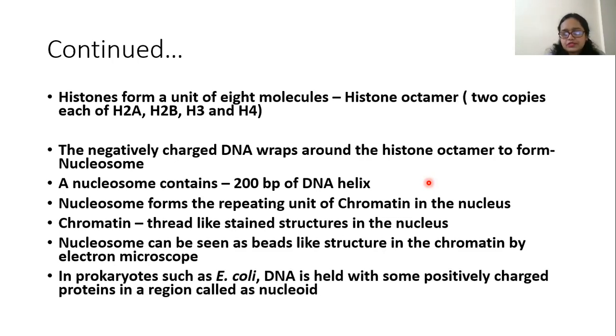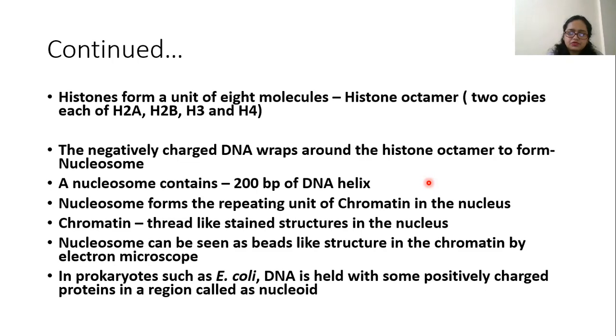In prokaryotes such as E. coli, DNA is held with the help of some positively charged proteins in a region called the nucleoid. So in E. coli also, where around 4.6 million base pairs are there, they are also compacted. And how are they compacted?